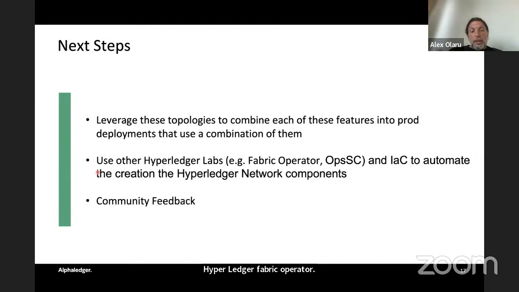It's focused on getting Fabric networks deployed in Kubernetes environments. But if you're familiar with Chef and Ansible and you want to do it on bare metal, there's no problem with doing that.